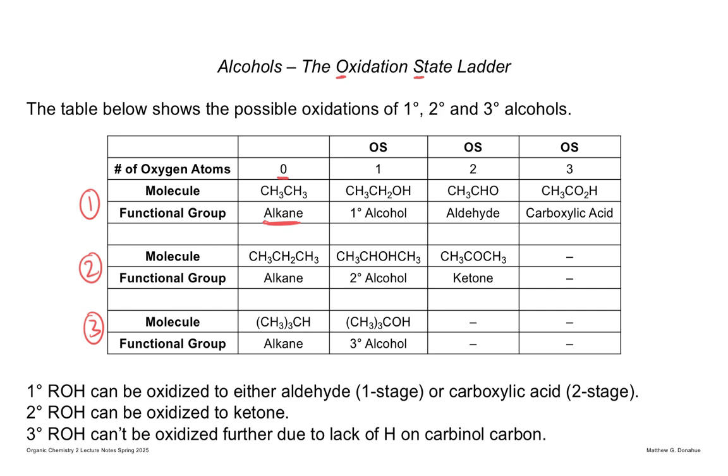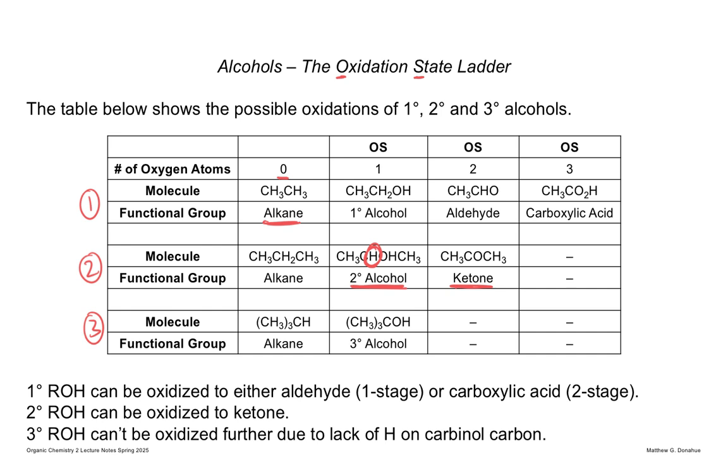In the second scenario, you'll see that a secondary alcohol can only go to a ketone. Again, the reason for that is this H right here. You only have one of them, so once it gets eliminated, there are no more H's on that carbon. So a secondary alcohol can only go to a ketone.